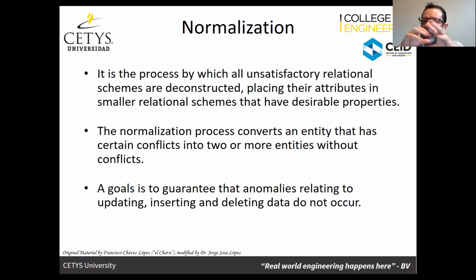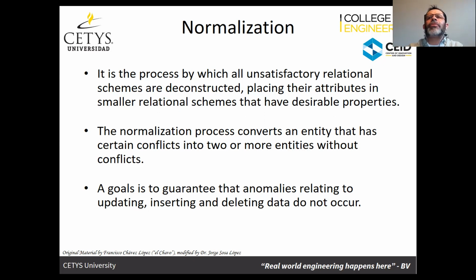In this section on normalization, we're going to be looking at the tables, analyzing them, and seeing if they're structured correctly, and if we need to modify anything in them to have this congruency. This is called normalization.